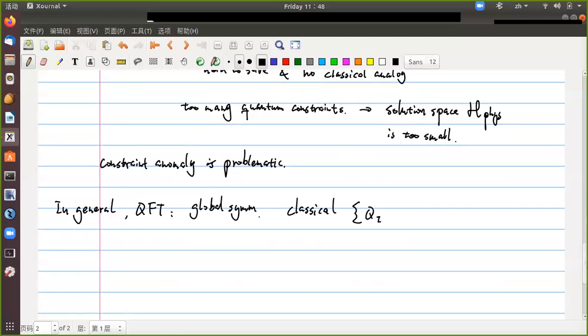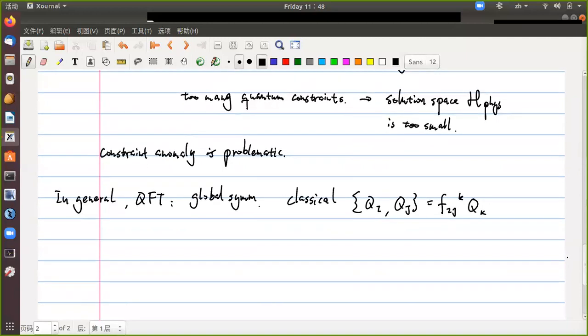Let's call those symmetry charges Q, with Poisson brackets between Q_i and Q_k. Let's assume that the classical symmetry algebra is just a Lie algebra, so this f is just a constant.